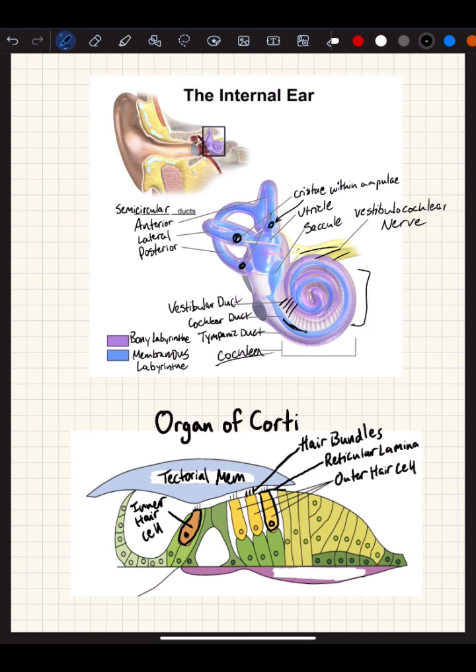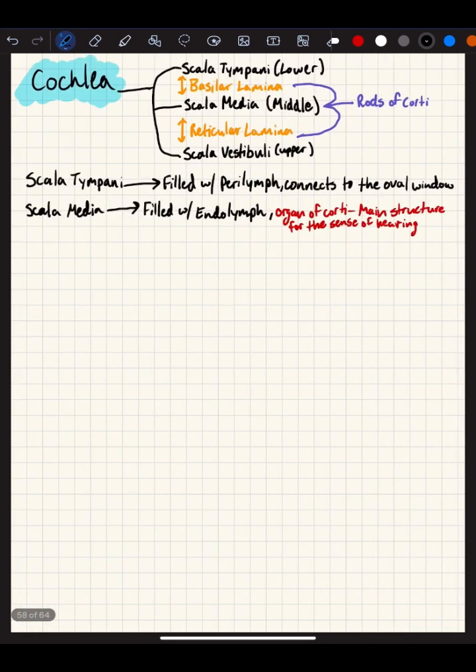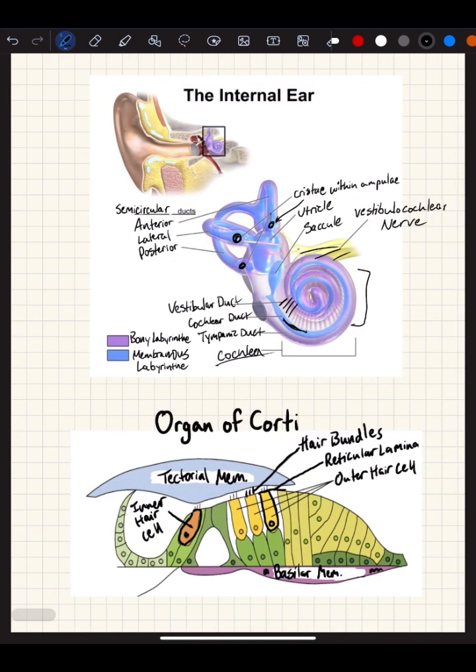And this purple mess right here is going to be the basilar membrane. Okay, I'm going to go back one more time and let y'all look at it for a little bit. That is the organ of Corti.